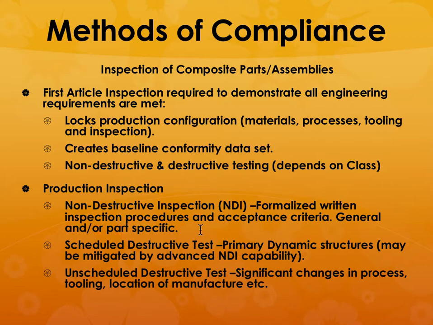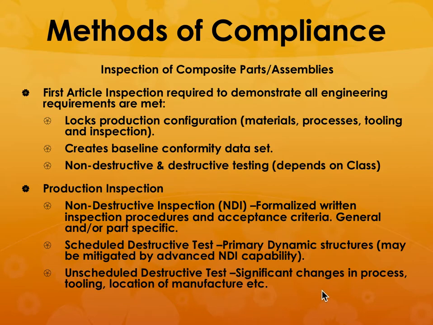And if it is a primary dynamic loading type of structure, then you may need some kind of destructive test in order to make sure that the first article meets the requirements. And you may also want to have some kind of unscheduled destructive test.